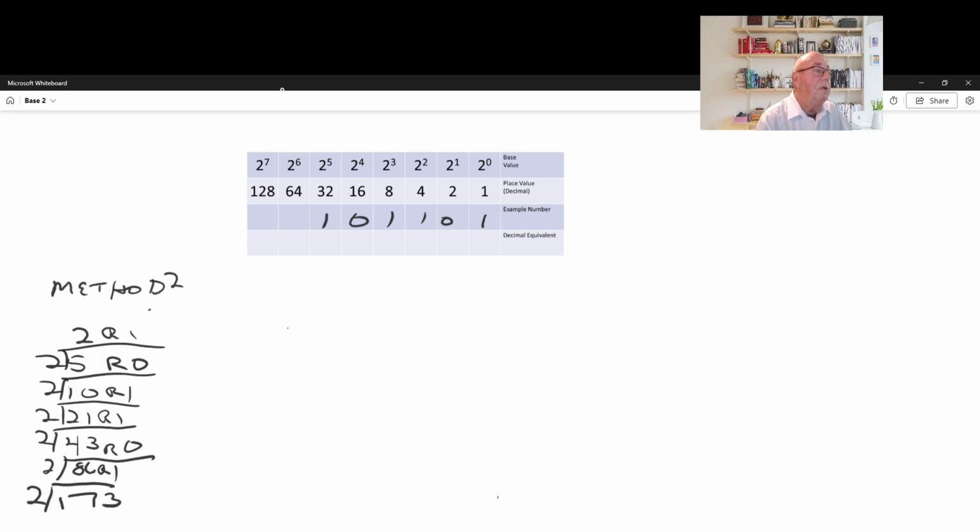That 1 there. And then 2 divided by 2 is equal to 1 with a remainder of 0. And 1 divided by 2 is equal to 0 with a remainder of 1. Okay, that should be our answer.